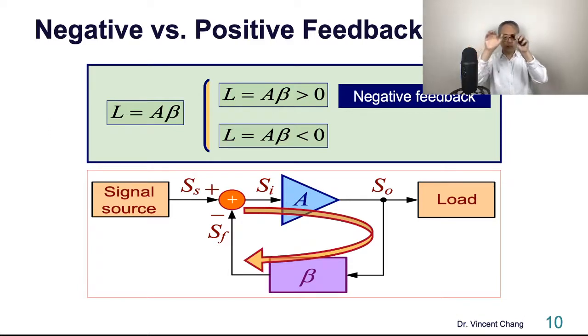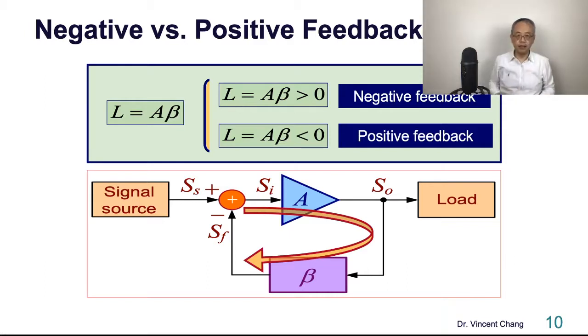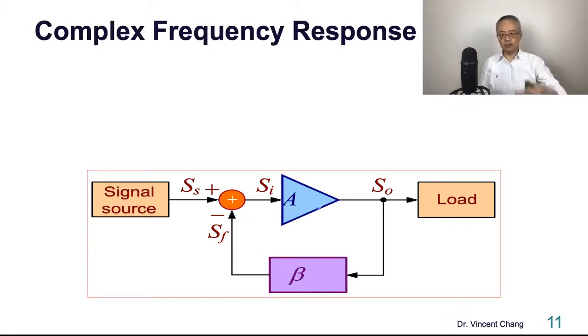So two negatives together become positive feedback. All right? Make sure you understand this. Sometimes it gets kind of confusing because the negative loop gain becomes the positive feedback. And then let's move on to the next issue.